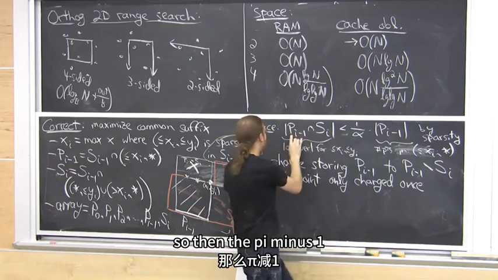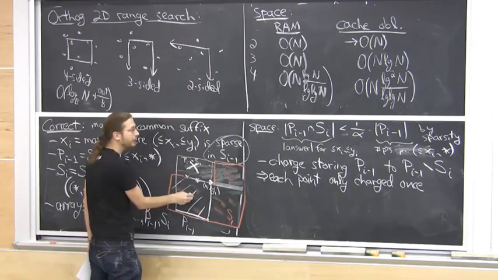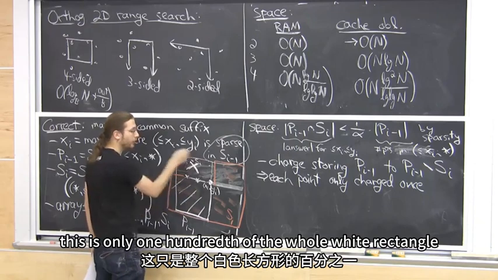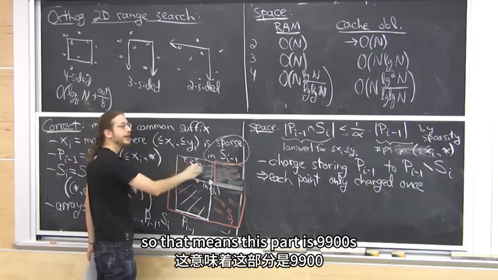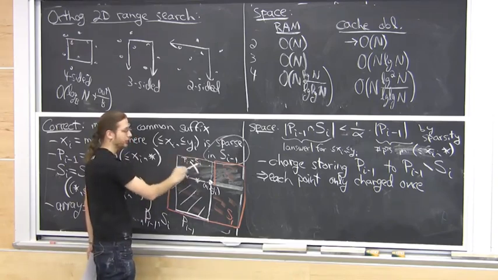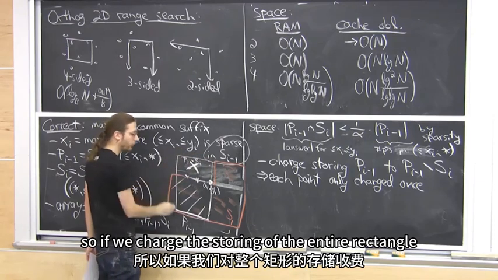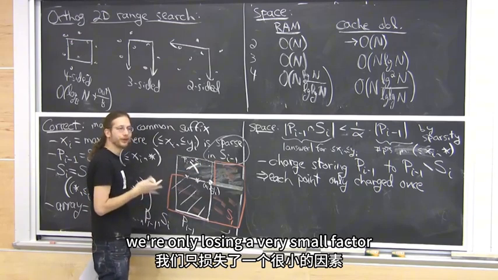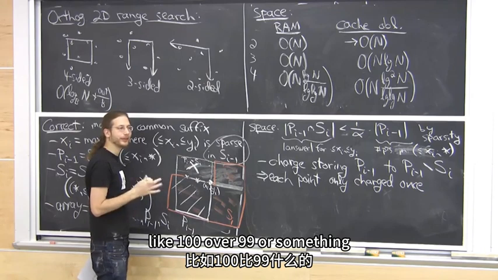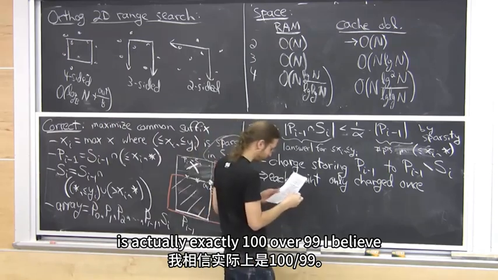So the pi minus 1, this part down here that's in si, is only 1/100th of the whole white rectangle. So that means this part is 99/100ths of the pi. So if we charge the storing of the entire rectangle to these guys, we're only losing a very small factor, like 100 over 99 or something. It is actually exactly 100 over 99, I believe.